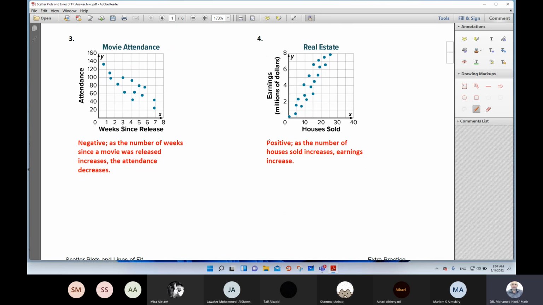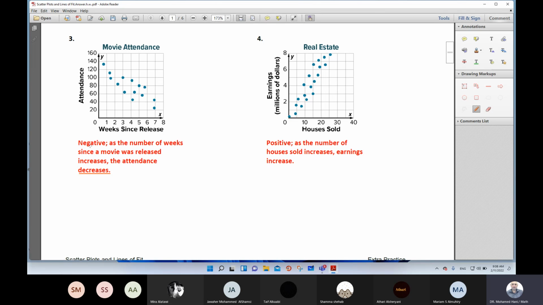In this example, as you see, the values of x in each point increase, but the values of y in each point decrease. So means we have negative. So as the number of weeks since a movie was released increases, the attendance decreases.